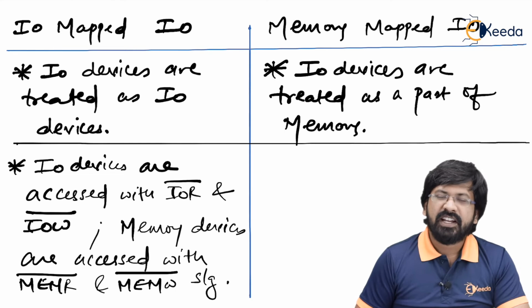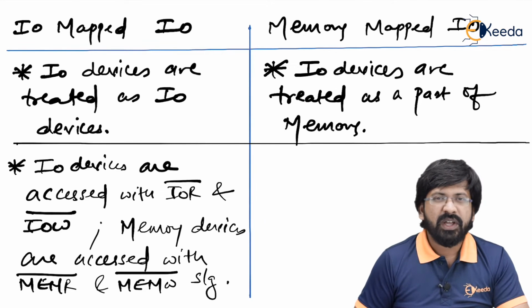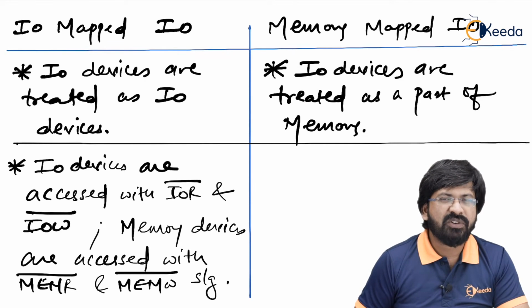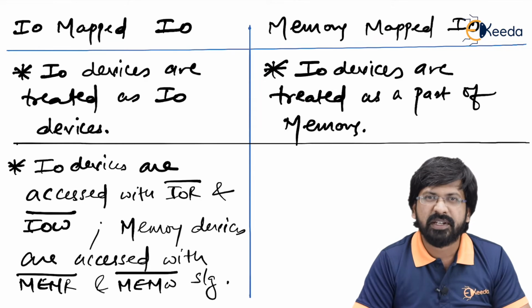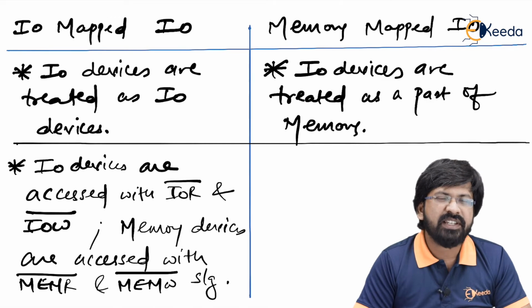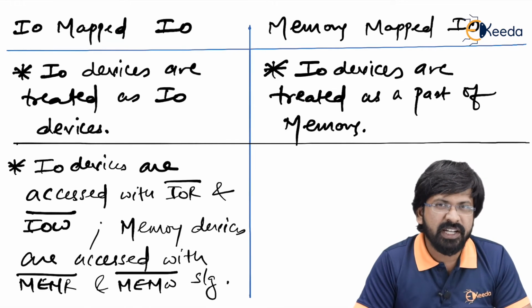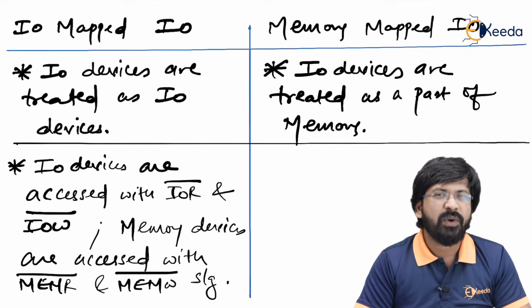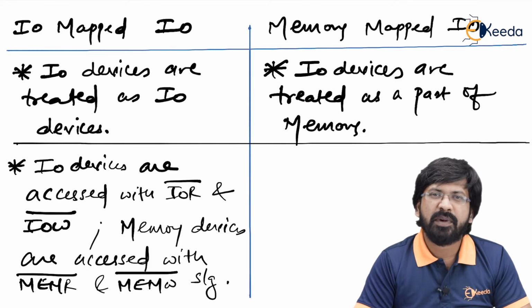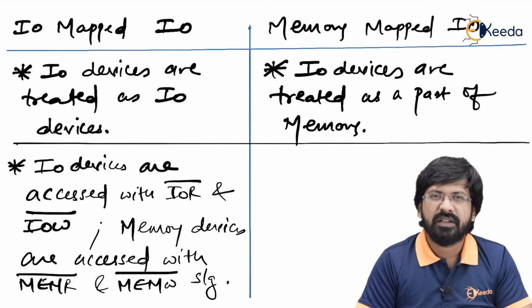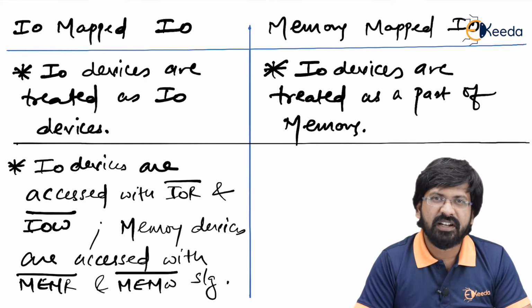Let's talk about the second technique where we say memory mapped IO, where IO devices are treated as a part of memory. So from the microprocessor's point of view, IO devices are not IO devices now. They are treated as if they are memory. That's the reason why, to access IO devices as well as memory, pay attention to what I'm saying, IOR bar and IOW bar signals are not used and MEMR bar and MEMW bar signals are used.